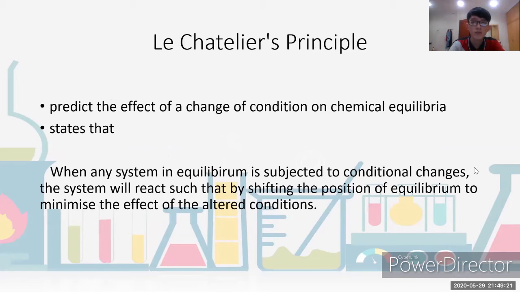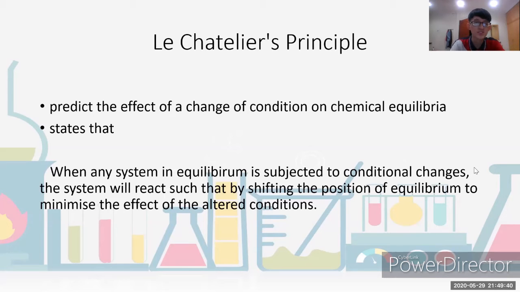The Haber process uses Le Chatelier's principle as a reference to maximize the production of ammonia, as this principle can predict the effect of a change of condition on chemical equilibria.